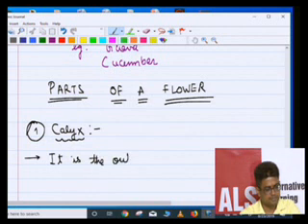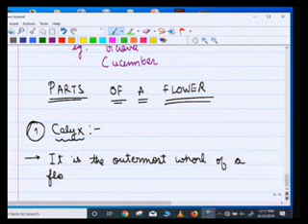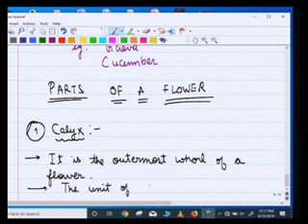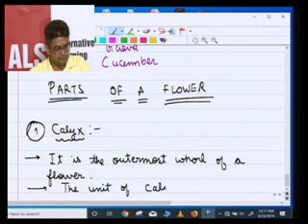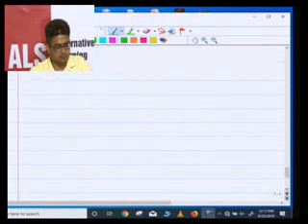The unit of calyx is called sepal, meaning calyx is formed by sepals, just like the corolla unit is petal.